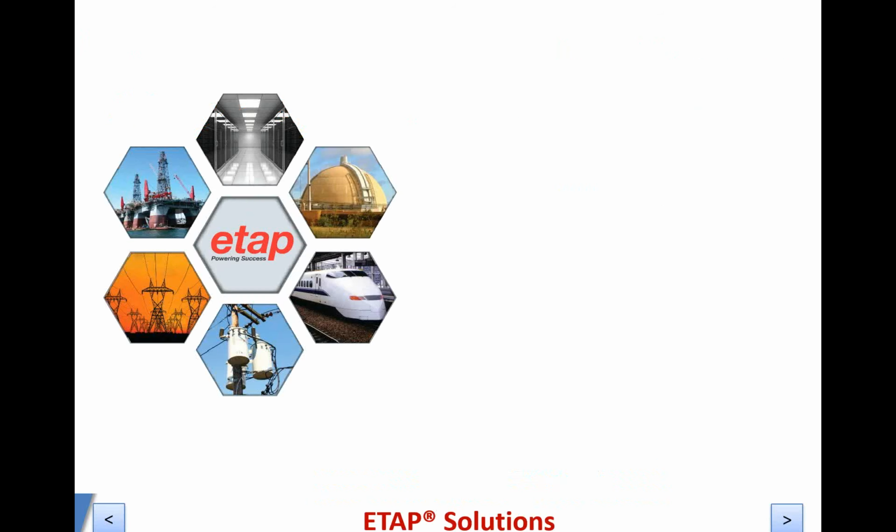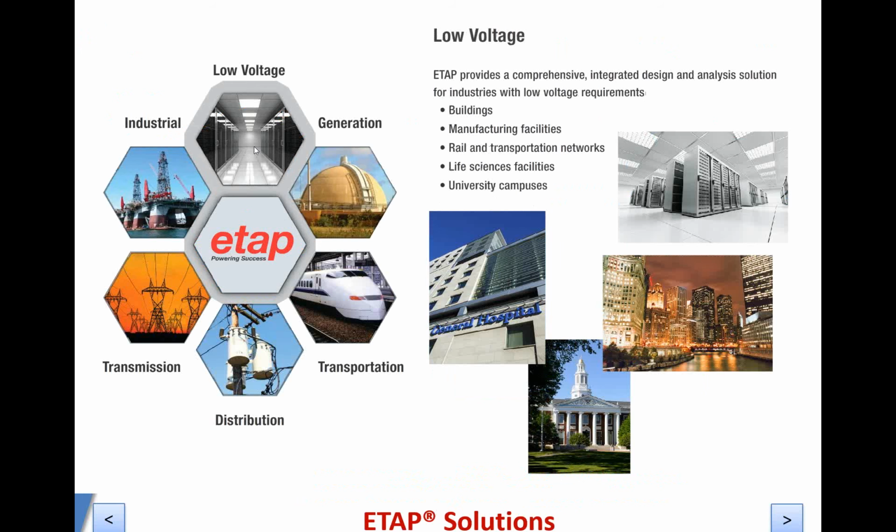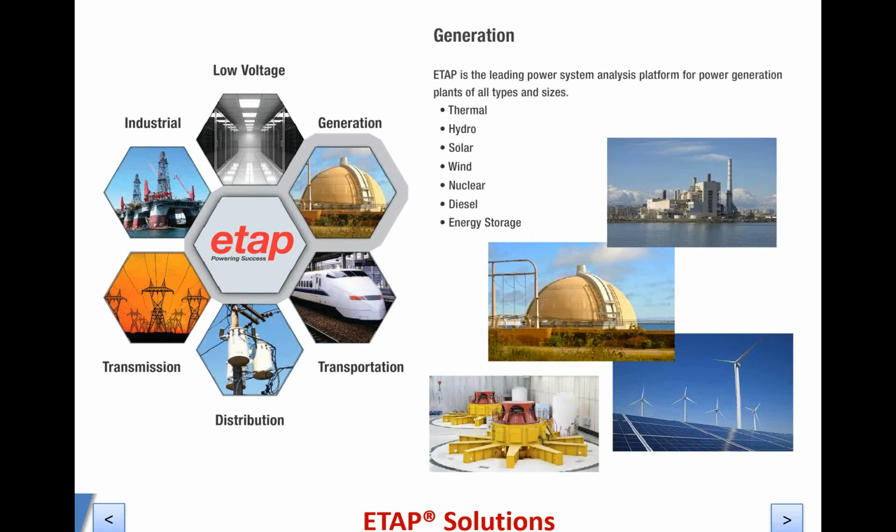in a very easy, graphical, user-friendly manner. So as a result, we supply ETAP software to various industries such as low voltage markets, commercial facilities, hospitals, and so on and so forth.